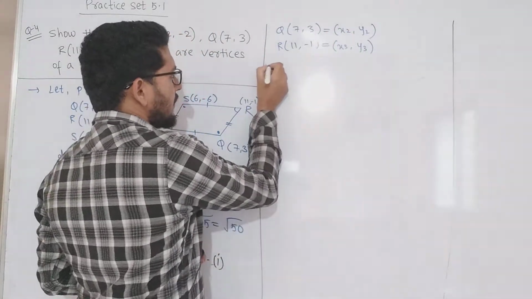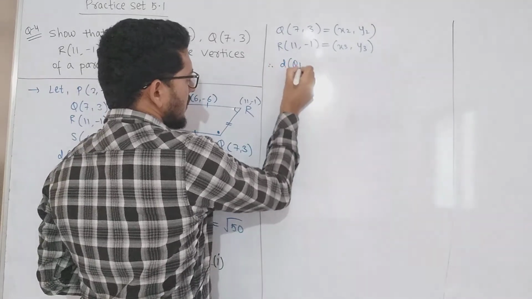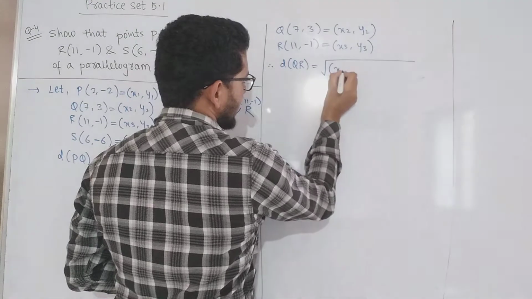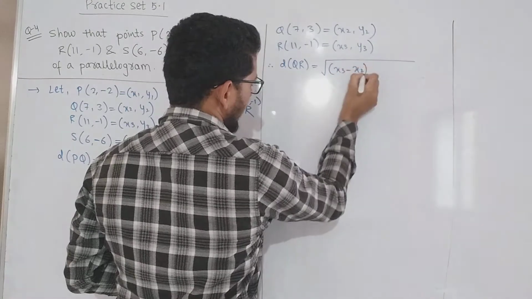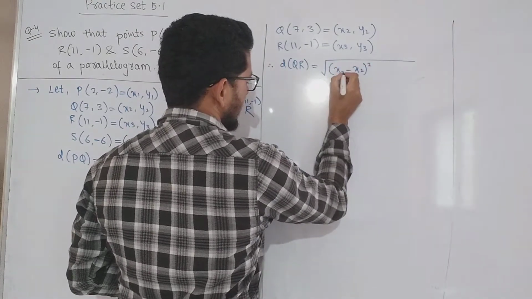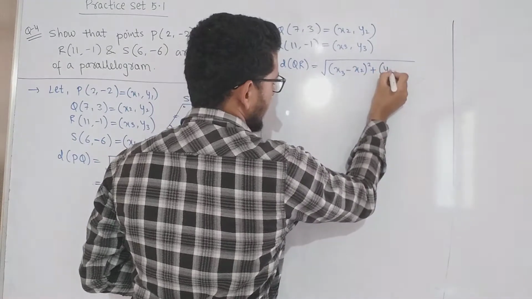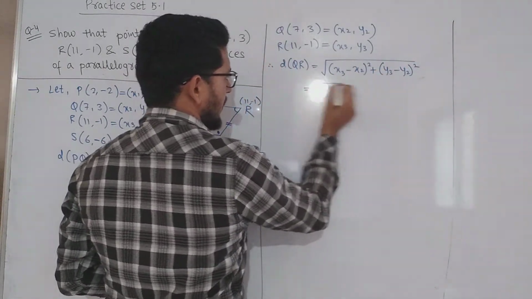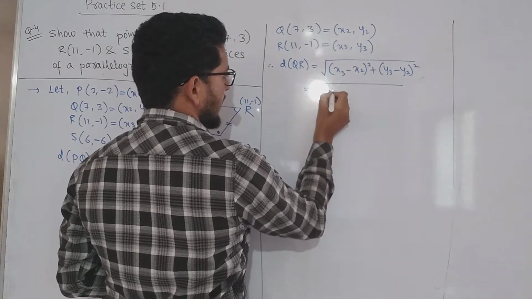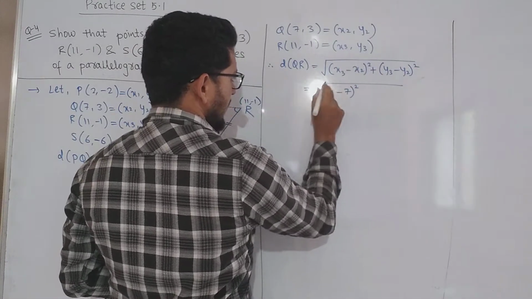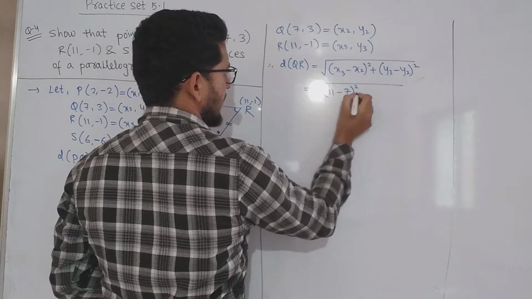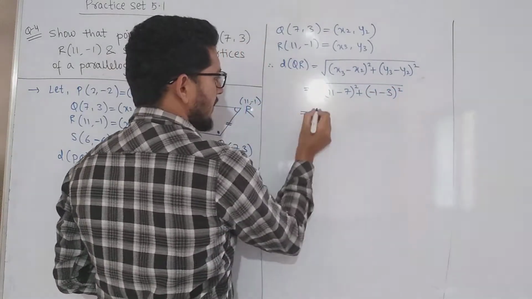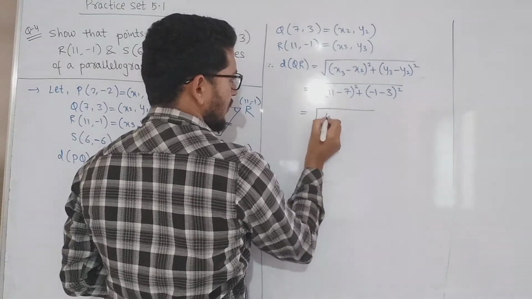So we will write here, therefore distance of QR is equal to under root of (x3 minus x2) whole square plus (y3 minus y2) whole square. So under root of same, x3 is 11 minus 7 whole square plus -1 minus 3 whole square. 11 minus 7 is nothing but 4 square.